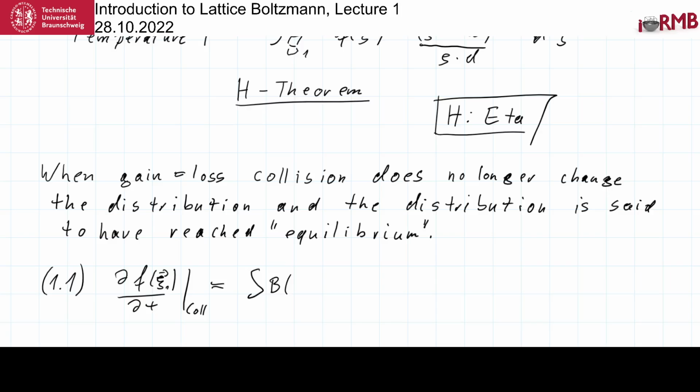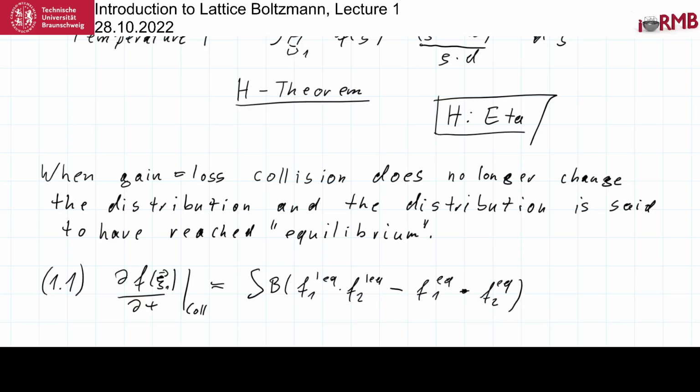So we have f1 dash, now being in equilibrium, times f2 dash, also in equilibrium, minus f1 equilibrium times f2 equilibrium.